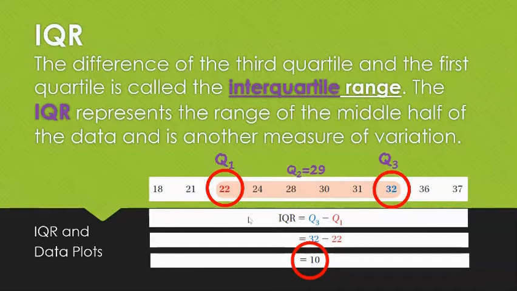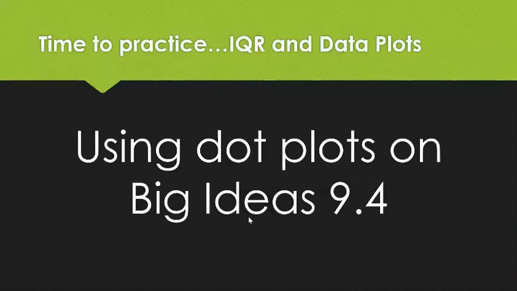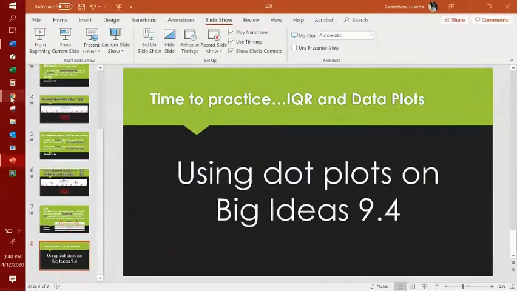We also recognize that we could find Q2, but that's not important when we're only looking at the interquartile range. So let's do a little bit of practice on a problem from Big Ideas using a dot plot, lesson 9.4.